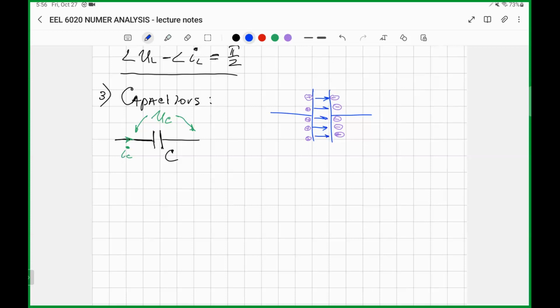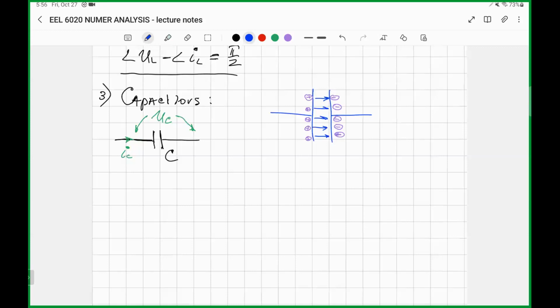This system is stable. Theoretically, it can stay in this state forever, and the energy is stored in the system in the form of charge separation.